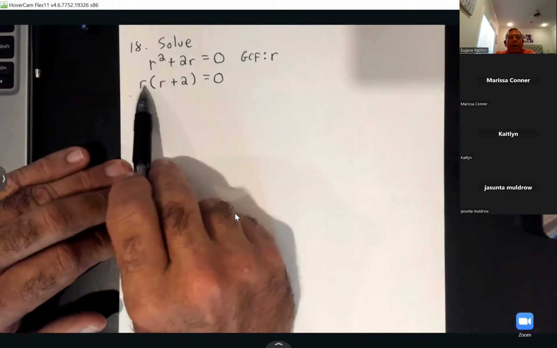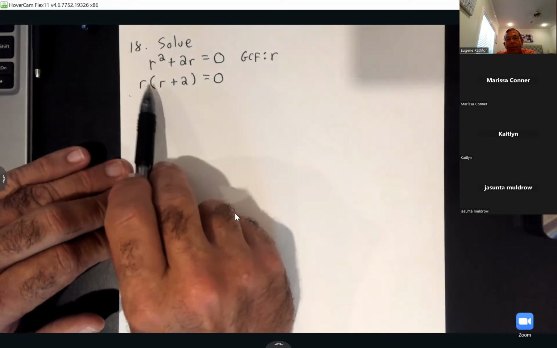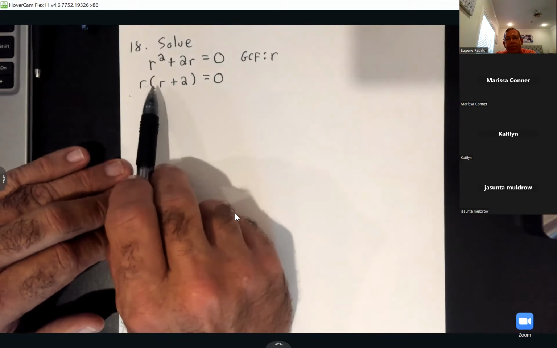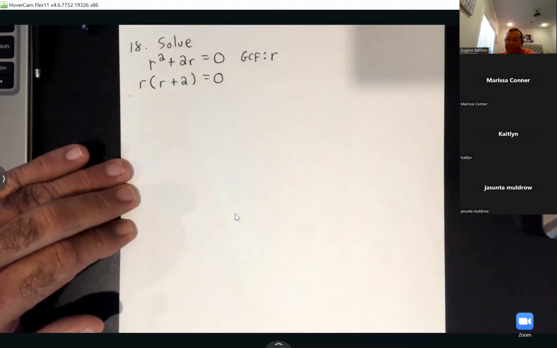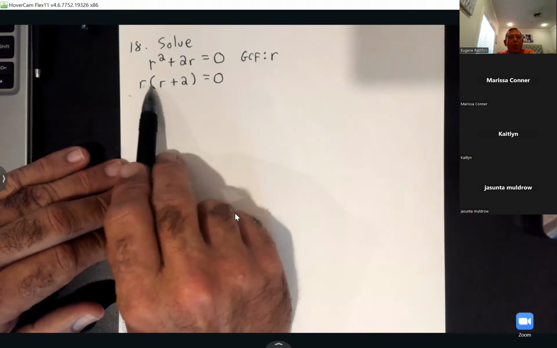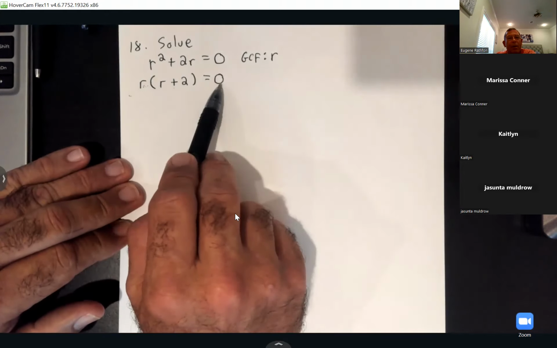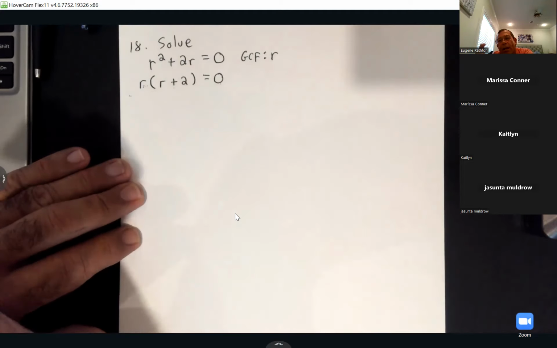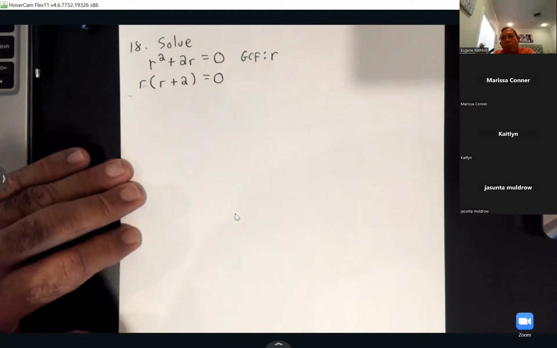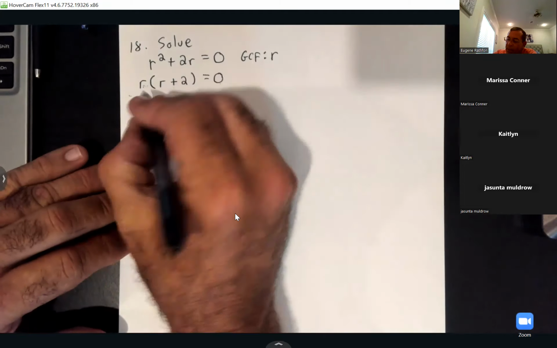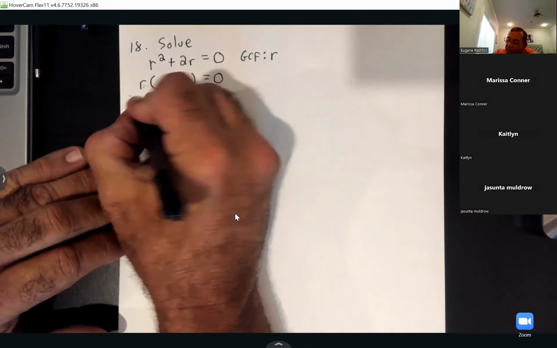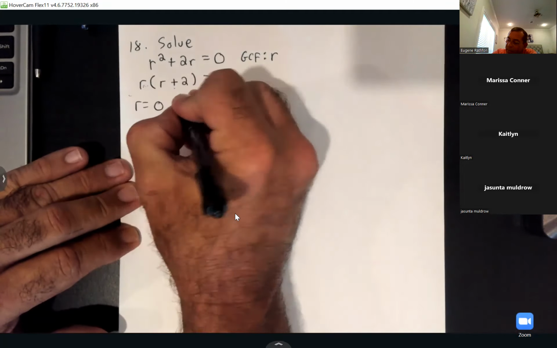So y'all remember, anytime I factored out the variable as a GCF, it always had a special answer. Because now we're going to set both of these factors equal to 0. And we're invoking what I called the 0 product rule at this point. So set both your factors equal to 0.